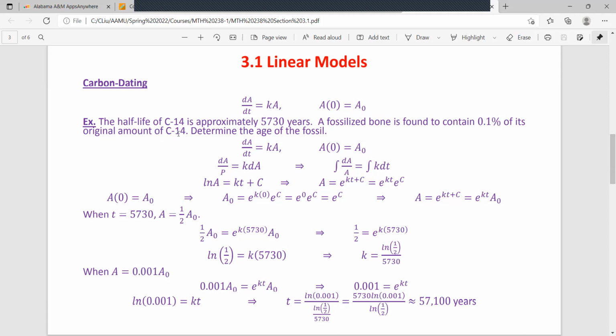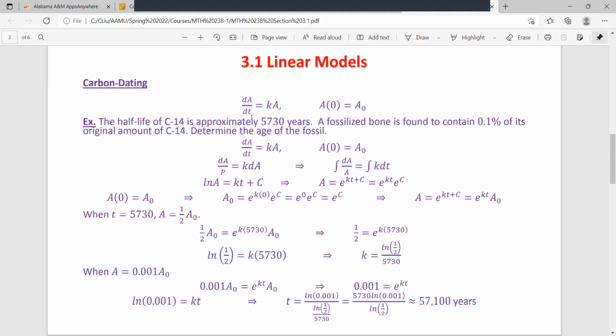So we want to know how long it has taken. And we know the half-life of carbon-14 is 5,730 years. So that'd be a long time.